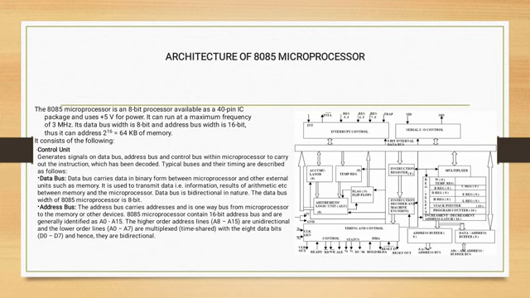It serves as one input to the ALU. The other operand for an arithmetical or logical operation may be stored either in the memory or one of the general purpose registers. After doing the arithmetical and logical operation, the result is placed in the accumulator.